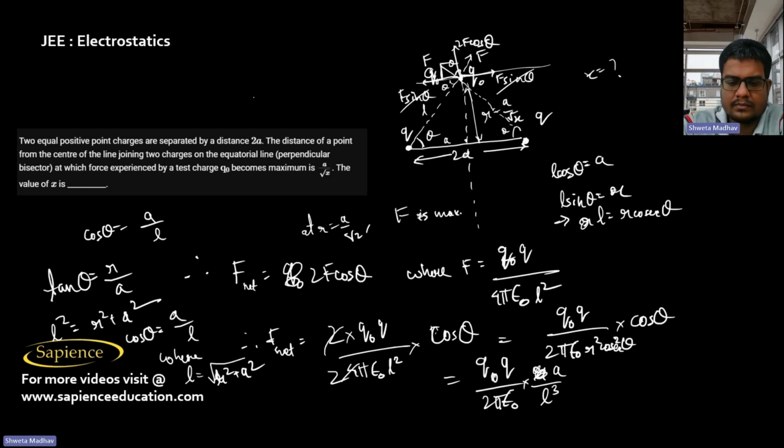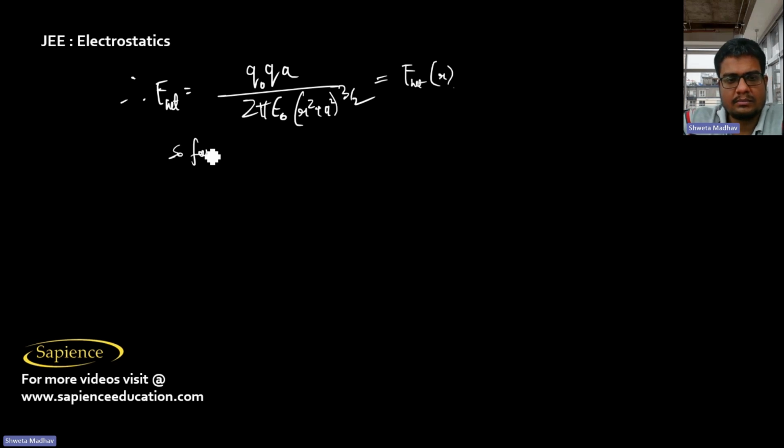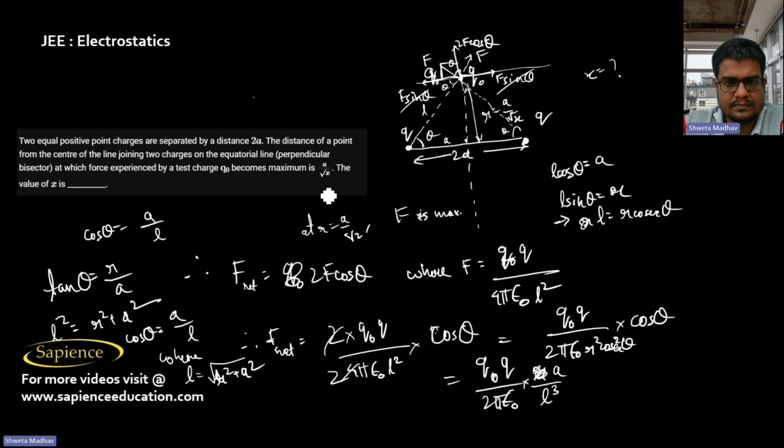So the net force is a function of r. Therefore, for maximum, dF by dr should be equal to 0, since F is a function of r.